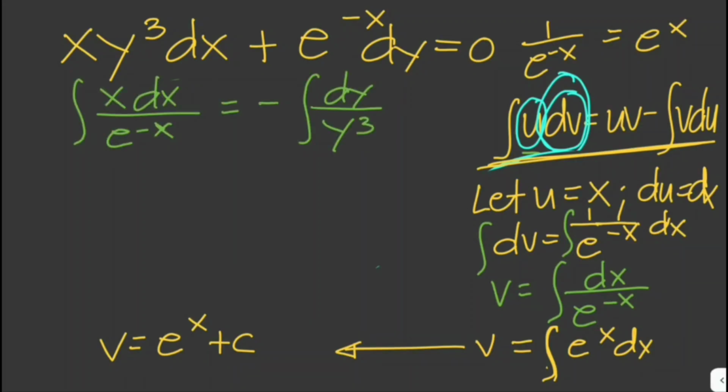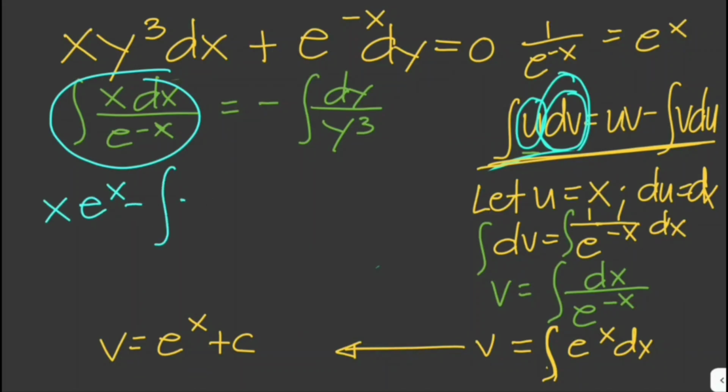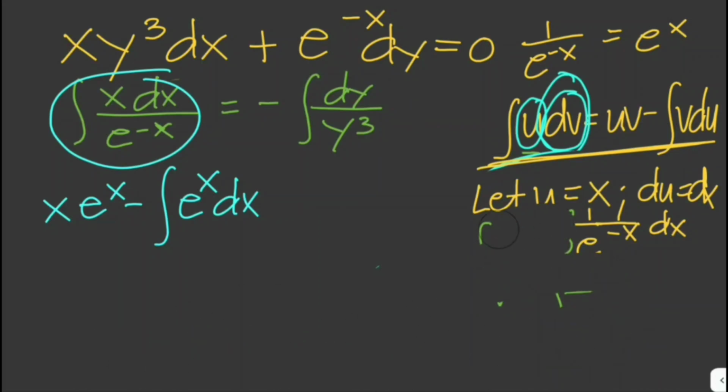So the integral of u dv, this is our u dv, is just equal to uv. So our u here is x, v is e to the x, minus the integral of v, which is e to the x, du is dx. Okay, let me delete this.